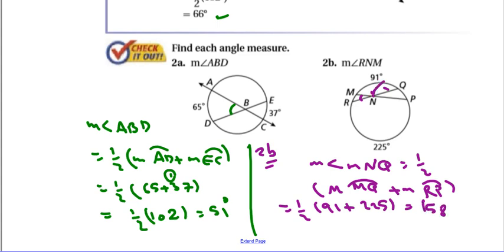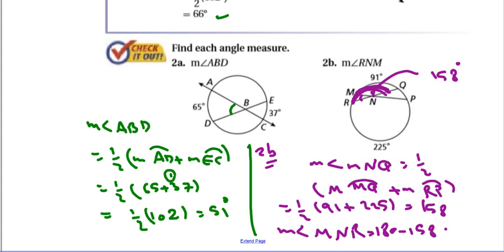So this angle is 158. But the whole angle equals 180 because it is a straight angle. So the measure of angle MNR equals 180 minus 158, equals 22 degrees.